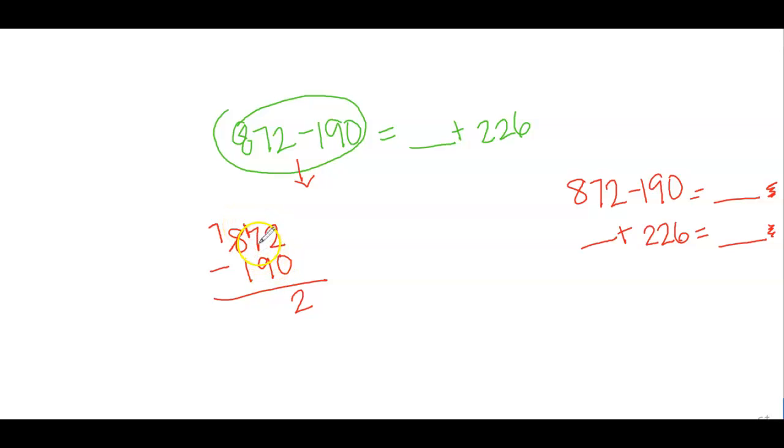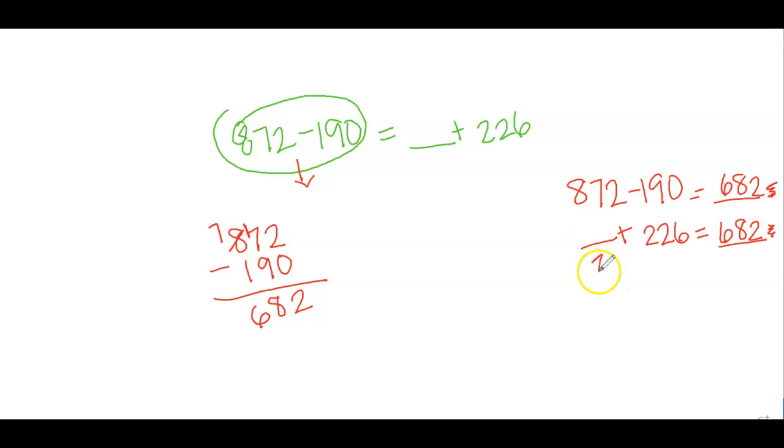So 17 minus 9, I know 9 and 9 is 18. That's too big, so this is going to be an 8. 7 minus 1 would be 6. So my answer should be 682.